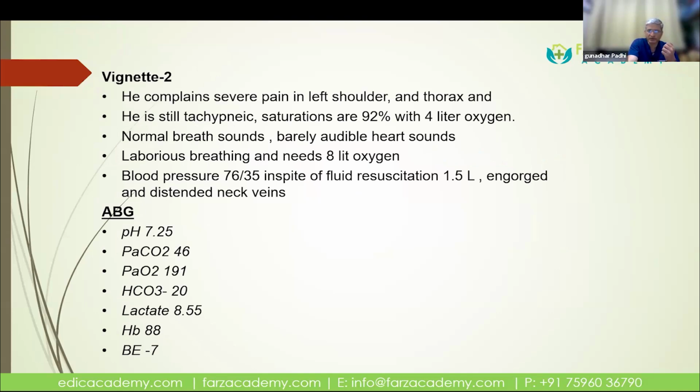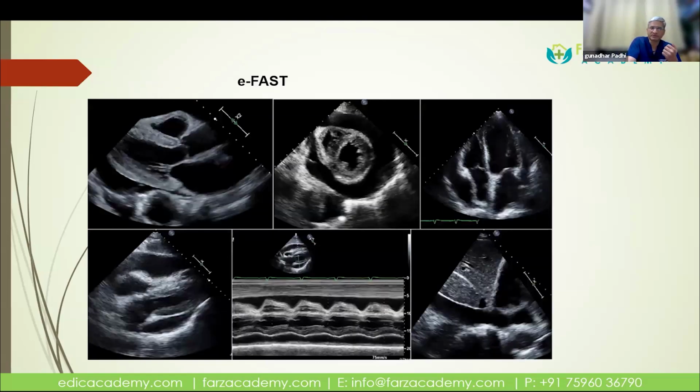His blood pressure is low in spite of giving 1.5 liters of fluid. There are engorged and distended neck veins, and the ABG you have sent suggests severe metabolic acidosis with lactate of 8.5. You did an EFAST, and the EFAST image is there.